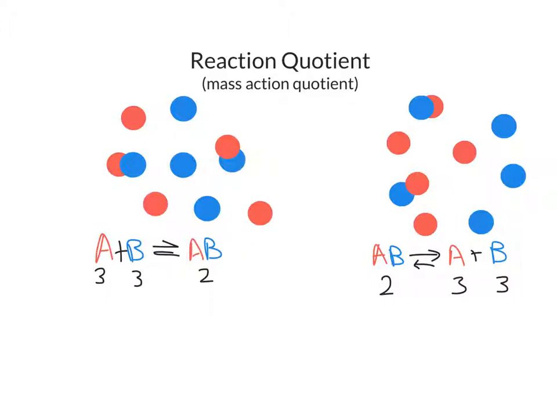Finally, let's look at what happens to the reaction quotient Q as a function of time. So in the first example, we started with all reactants and no products.